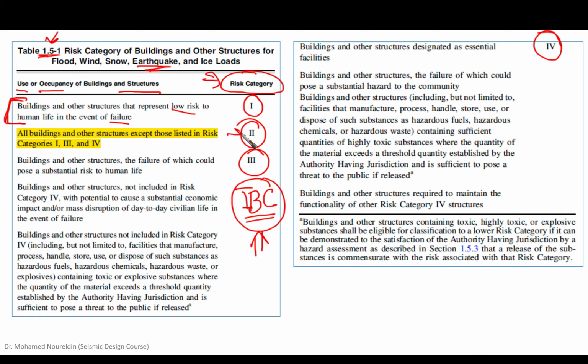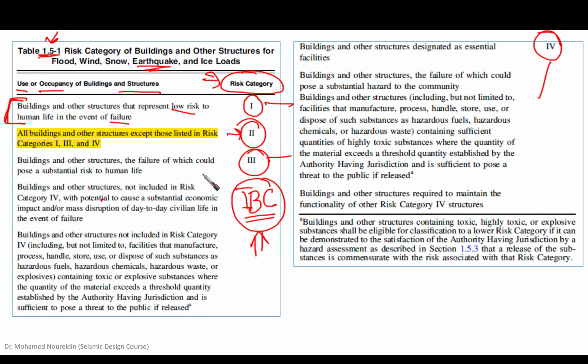And risk category 2 is all buildings and other structures except those listed in risk categories 1, 3, and 4.